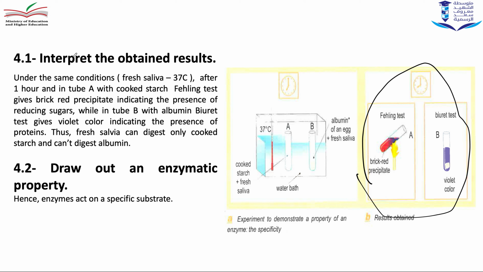So any interpretation without the variable factor, you get zero directly. And don't forget to write the common conditions at the beginning. So under the same conditions, what are the same conditions؟ شو الاشياء المشتركة لهول الاثنين؟ The temperature and the fresh saliva. Under the same conditions, fresh saliva and 37 degrees Celsius.